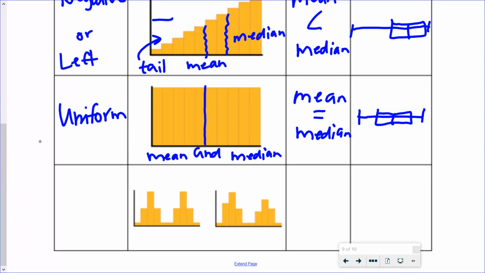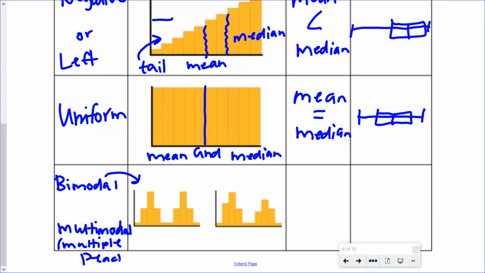And lastly, here we have an example of a bimodal graph. You may also have a multimodal, which has multiple peaks. And so those peaks are those points where you have more data.